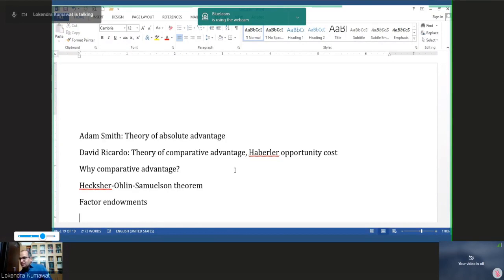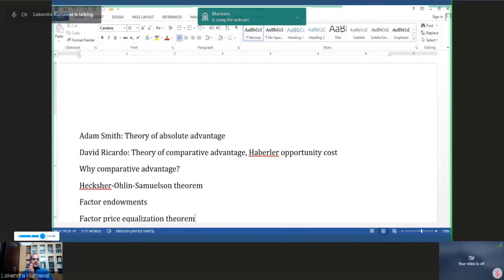Okay, there is another theorem which follows directly from the Heckscher-Ohlin theorem. This is called the factor price equalization theorem.